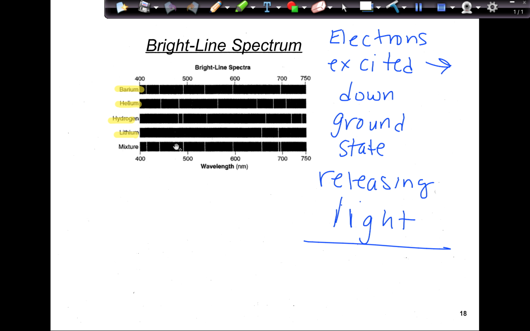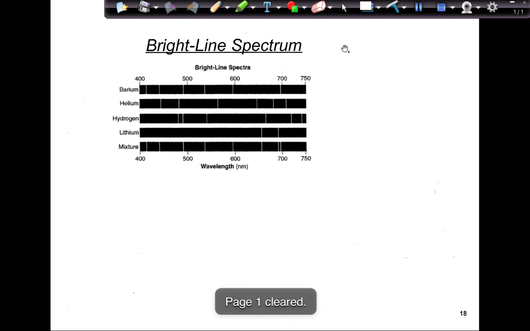When this light is released, it can be broken up into different color patterns. Different elements will also have different color flame tests, but it's always when the electrons go from the excited state back down to the ground state that this light is released. We can use these bright line spectra to identify unknowns.